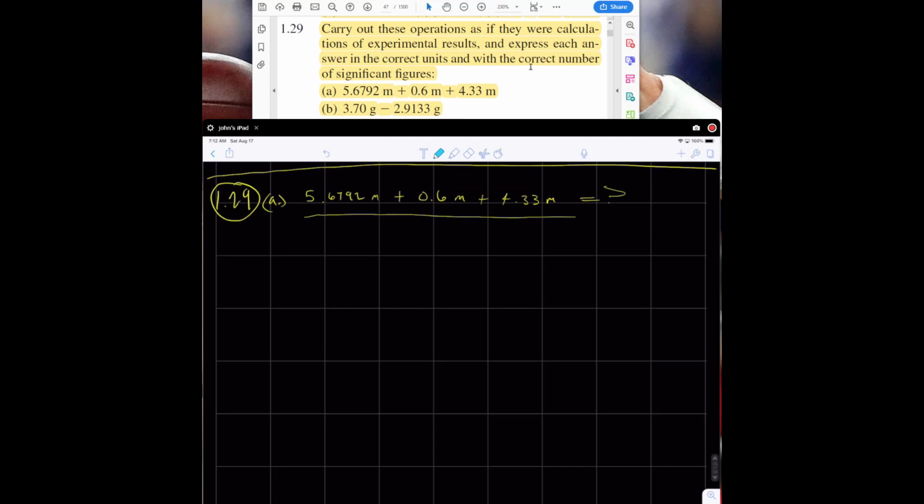Alright, so question 29 says carry out these operations as if they were calculations of experimental results and express each answer in the correct units and with the correct number of significant figures. So this is like something that you would see in the laboratory, or on a laboratory data table where you have all the calculations.